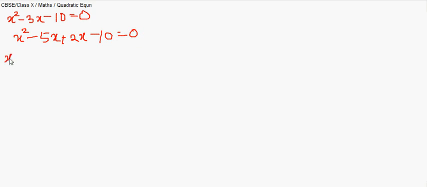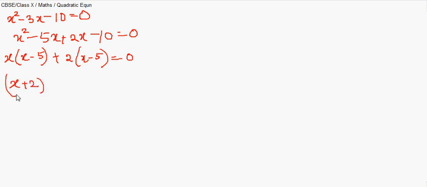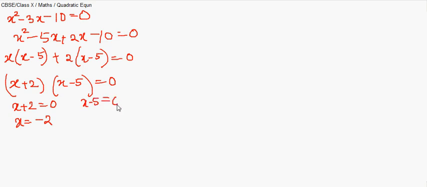Thereby, if I take x common, I'll be left with x minus 5. If I take a 2 common, I again will be left with x minus 5. So thereby making it x plus 2 and x minus 5 equals 0. Now both of them, when equated to 0, give x is minus 2, and when x minus 5 is equated to 0, x equals 5. So thereby it is minus 2 and 5.